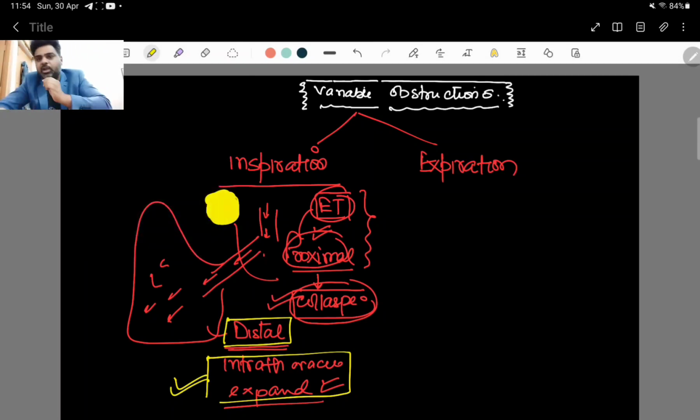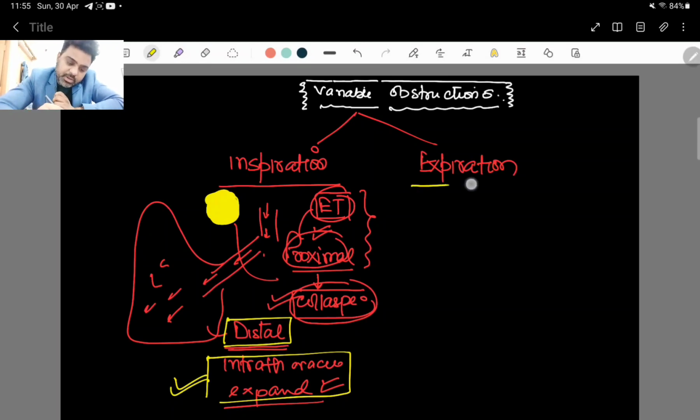It will affect the inspiratory phase, because in the inspiratory phase the proximal part already has the tendency to collapse. So any extrathoracic obstruction, if it is variable, will have a maximum effect during inspiration. When I plot this graph, you will understand that extrathoracic obstruction mainly affects the inspiratory part or the inspiratory limb.